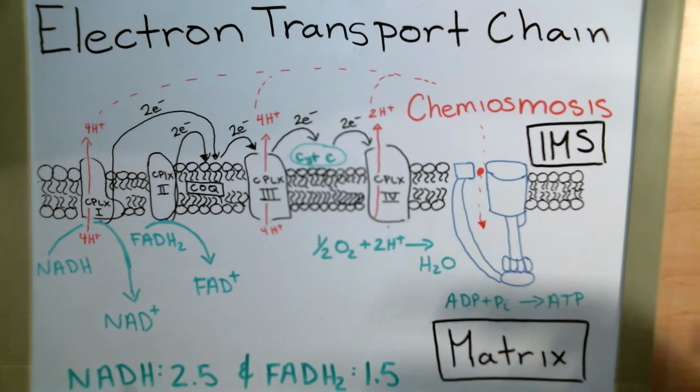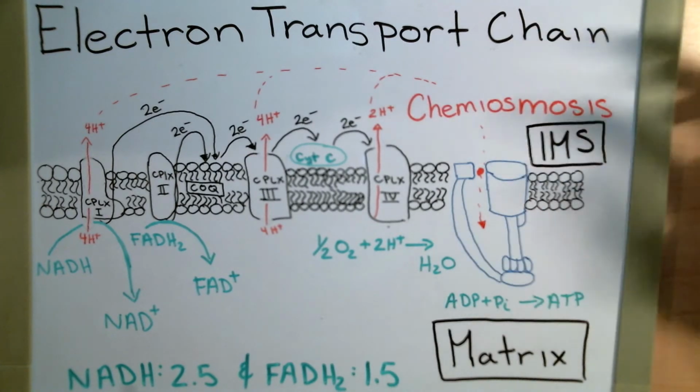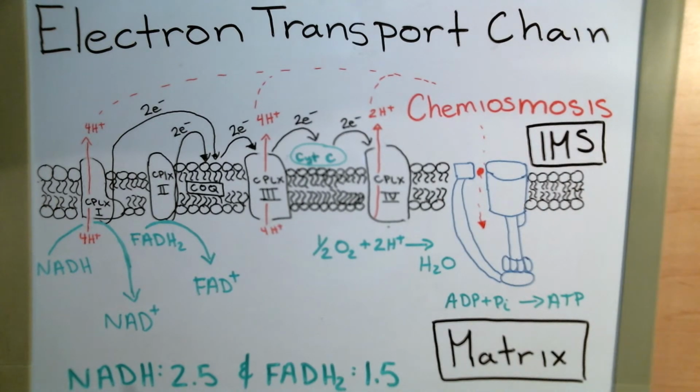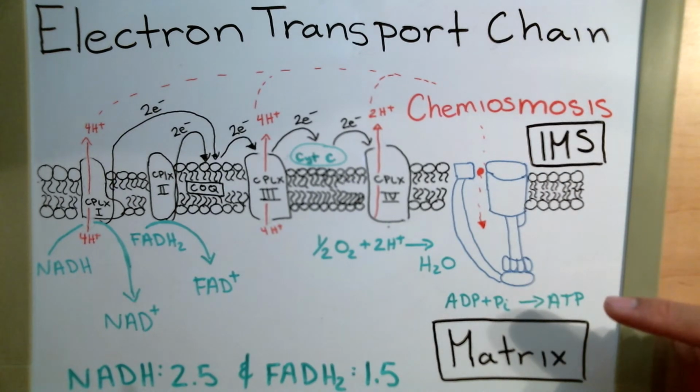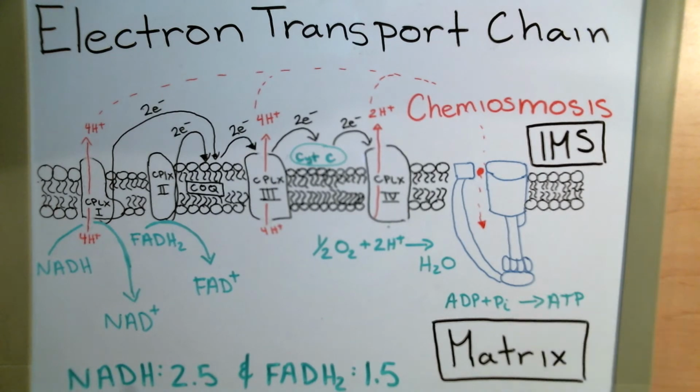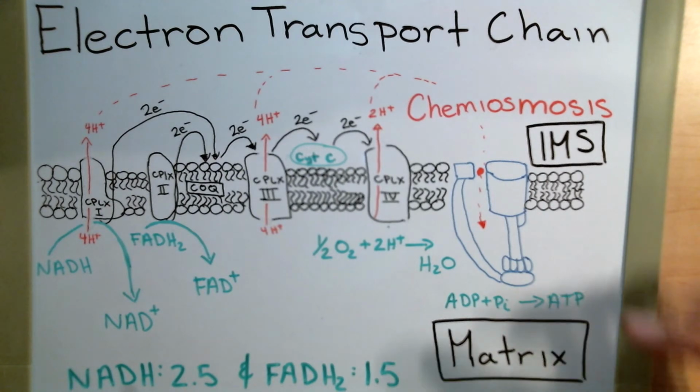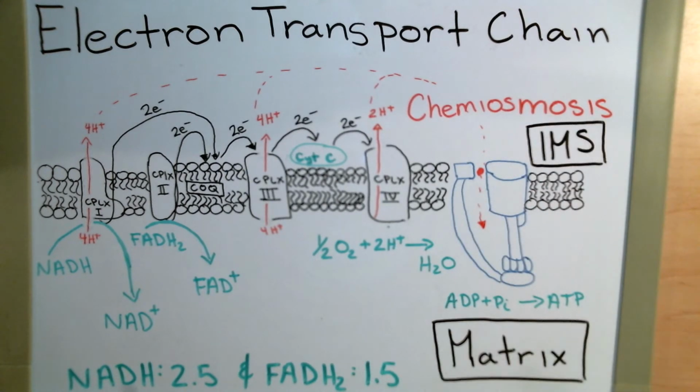So that's how we generate so much energy, is that we've pumped so many protons to one side that they have to flow down their electrochemical concentration gradient. And as they do that, they're generating all this ATP. These are why these molecules are high energy yielding, because they cause this ATPase to rotate, which causes the ADP and an inorganic phosphate to come together in order to make the ATP.